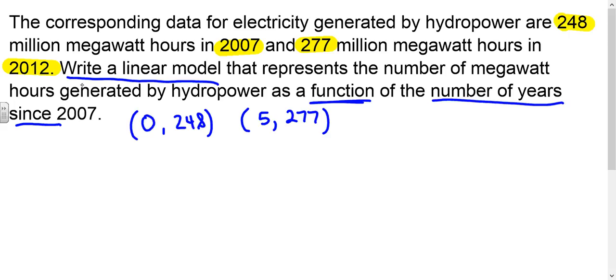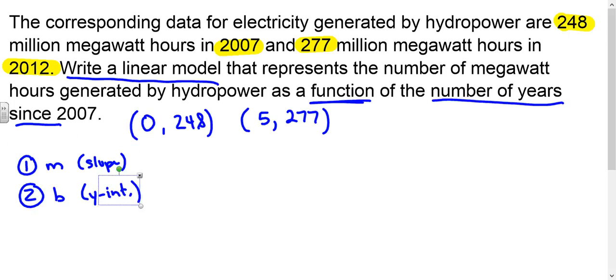We are writing a linear model, which is the same thing as the equation of a line. So I need 2 things: my slope, m, and my y-intercept, b. Then I can write my equation.